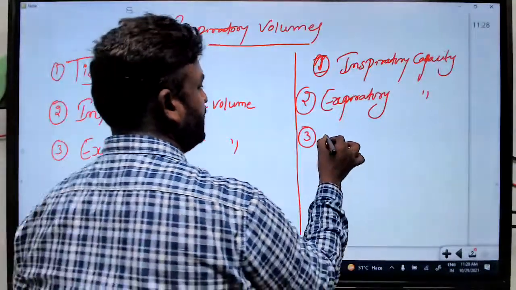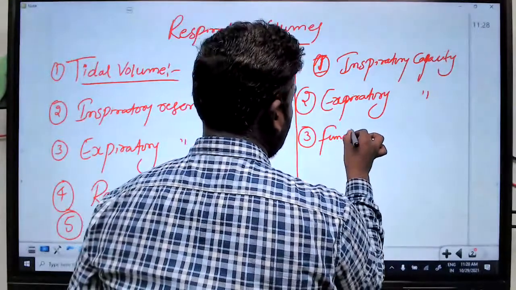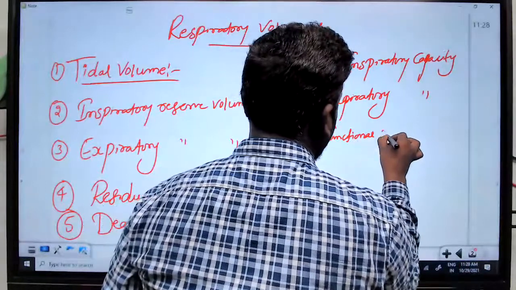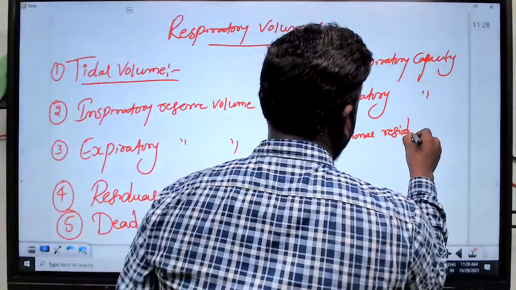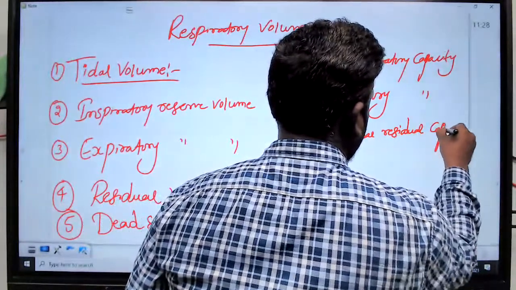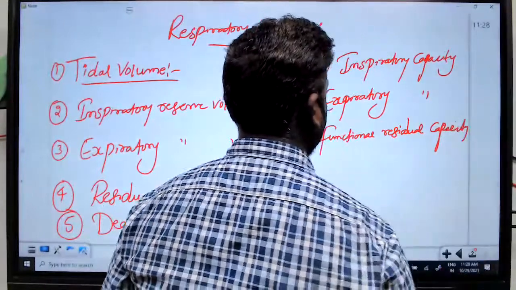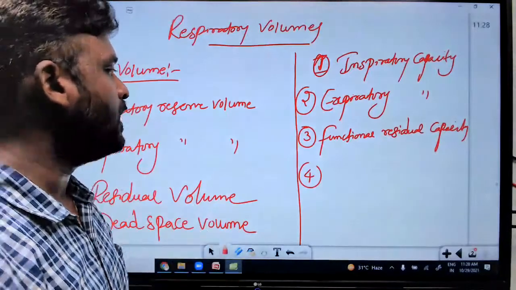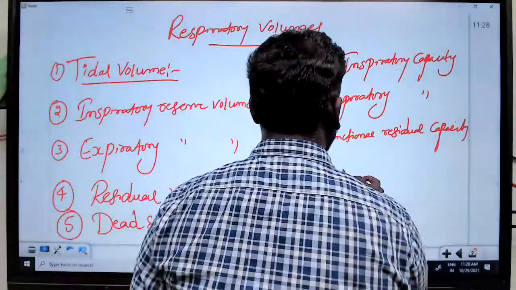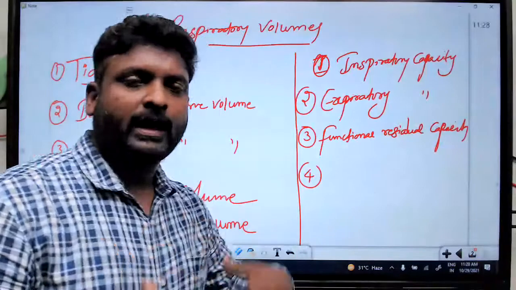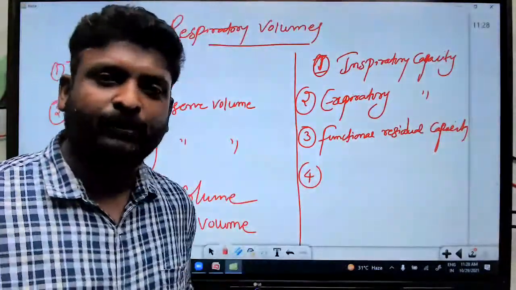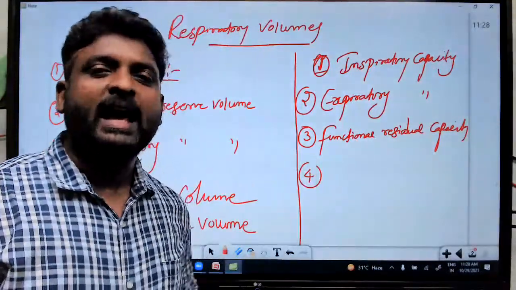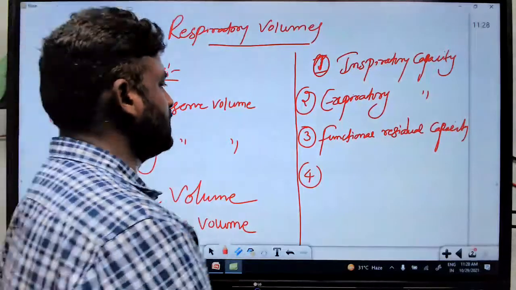And next one, functional residual capacity. Good. And the fourth one, you know what? It's about inhalation, by the forcible, and the exhalation.